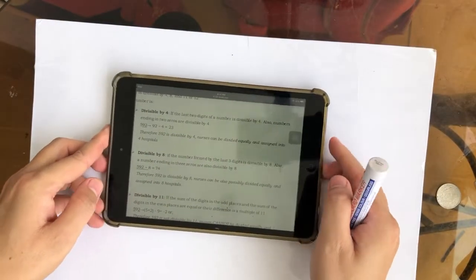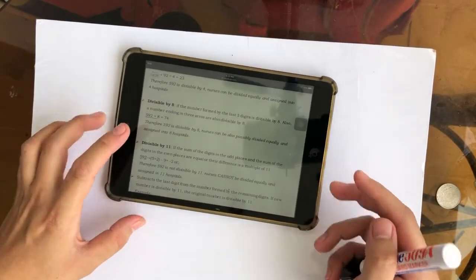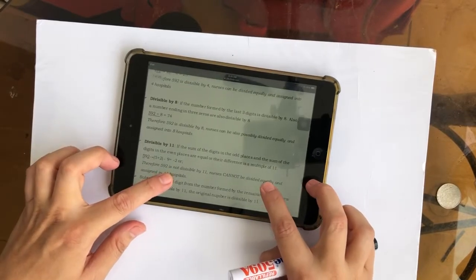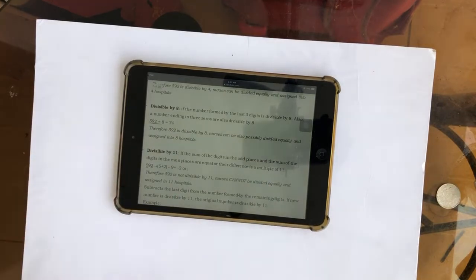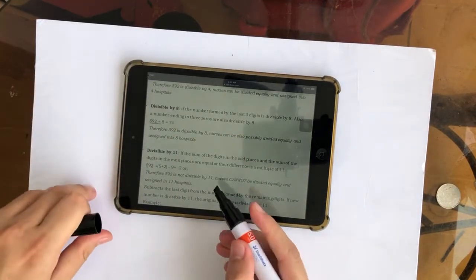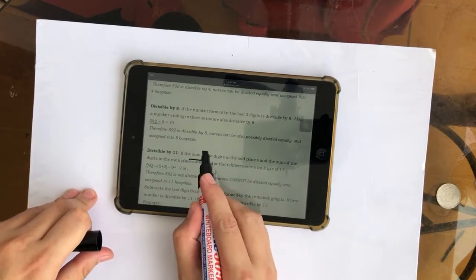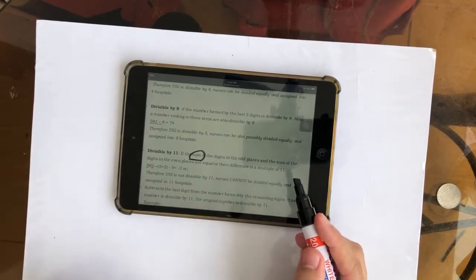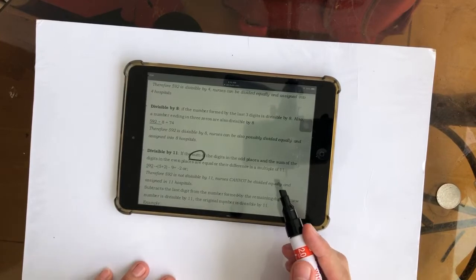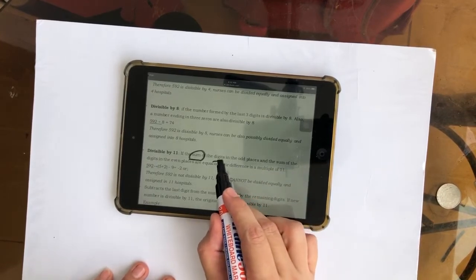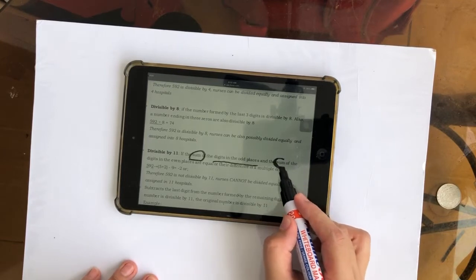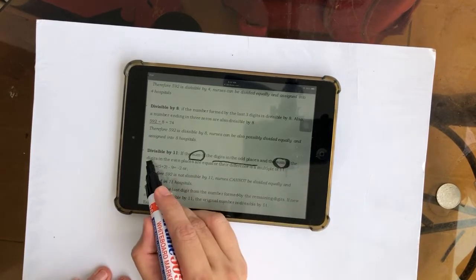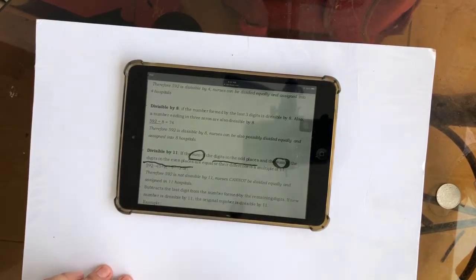Ito medyo kailangan natin mag-isip dito. Next one is divisible by 11. Okay. The problem, hindi naman totally problem. The rule states na kailangan natin mag-sum. We have to add. Okay. Ano yung i-add natin? I-add natin yung digits in the odd place. And then, again, add uli ng digits in the even place.